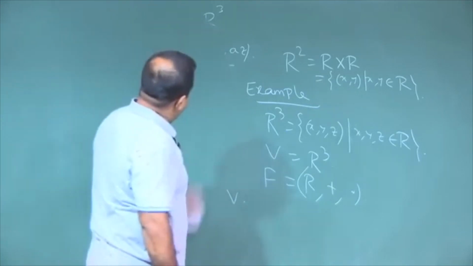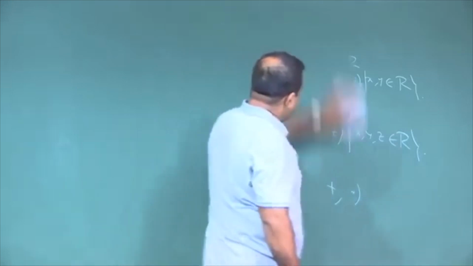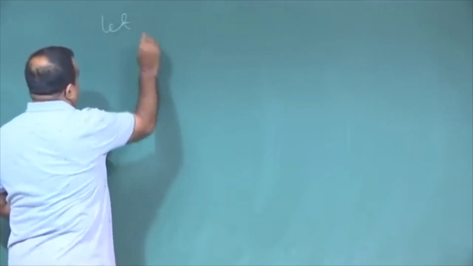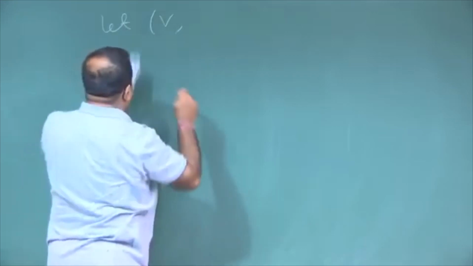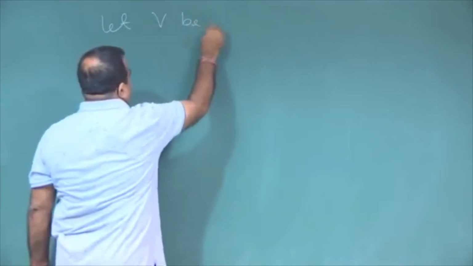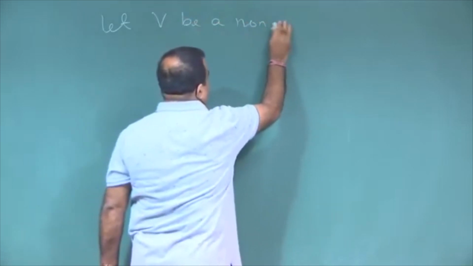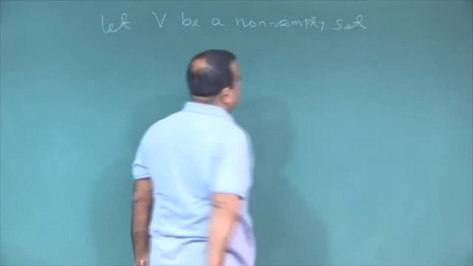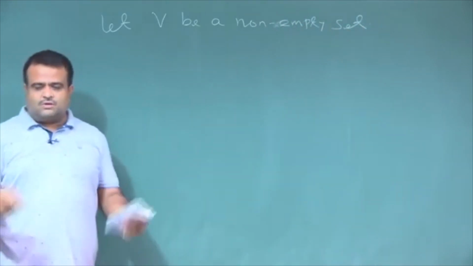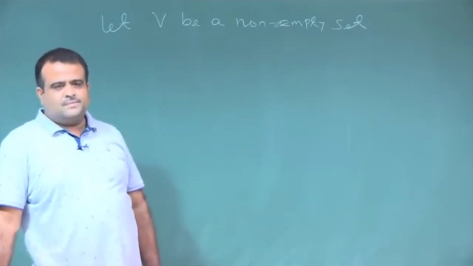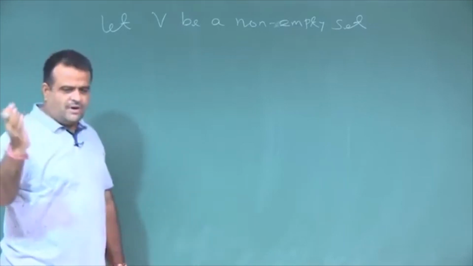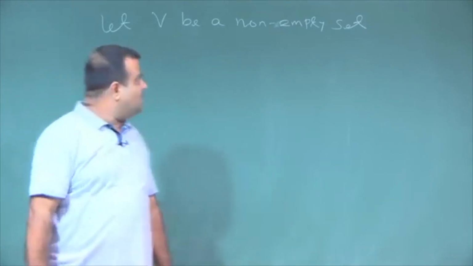So, now we formally define what we mean by a vector space over a scalar field. For that, let V be a non-empty set, and the elements of V are usually called vectors. It is just a name, because we are talking about a vector space.